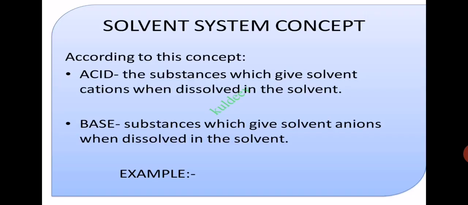Now the next concept, that is the solvent system concept. According to this concept, an acid is a substance which gives solvent cations when dissolved in the solvent, and a base is a substance which gives solvent anions when dissolved in the solvent.